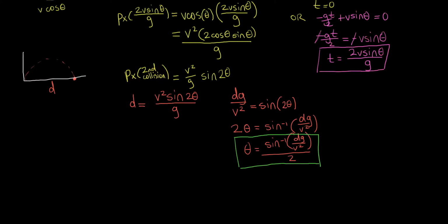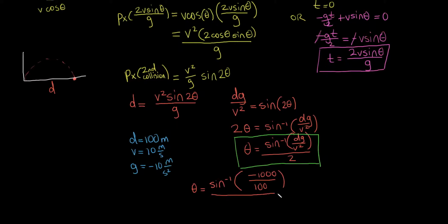Well, in that case, the distance was 100 meters, the velocity was 10 meters per second, the gravity was approximately negative 10 meters per second squared. We can say that theta, let's do it in a red color, would have been the arcsin of distance times gravity, so about negative 10 times 100, negative 1,000, divided by the velocity squared, 100, divided by 2.